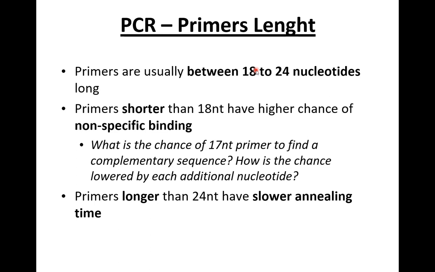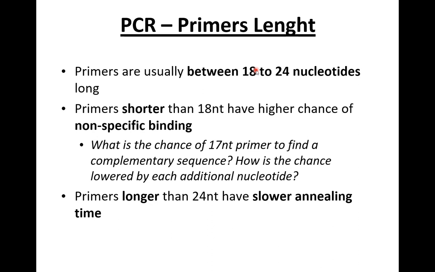Now the problem with primers that are smaller than 18, or even much smaller than that, is obviously the chance of them binding to non-specific sequences. Obviously you want them to bind to the target sequence, but the smaller you go, the higher the chance that they might find a complementary sequence somewhere else in the genome. The chance is proportional to the overall length.